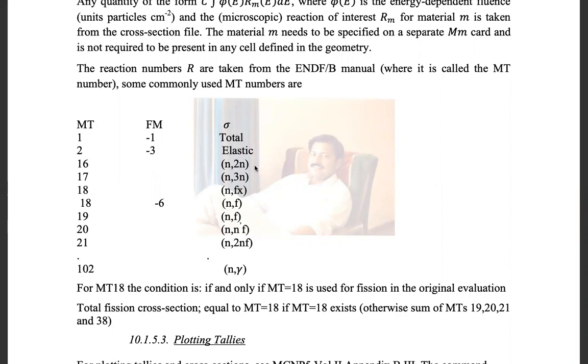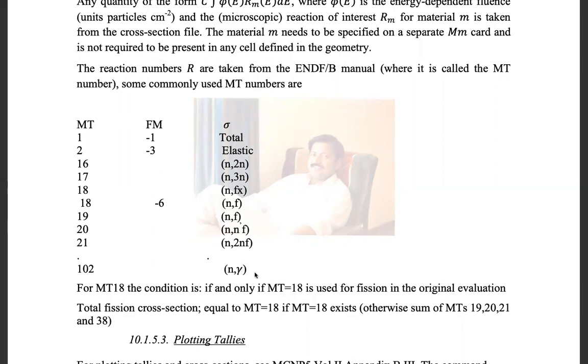For an (n,2n) reaction, it's 16, (n,3n) is 17, and fission, the multiplication, 18, and nfx, where x can be something else. And the FM, there's an FM number, which is a -6. You could use this alternately. And 19, 20 is an (n,n'f) and (n,2nf).